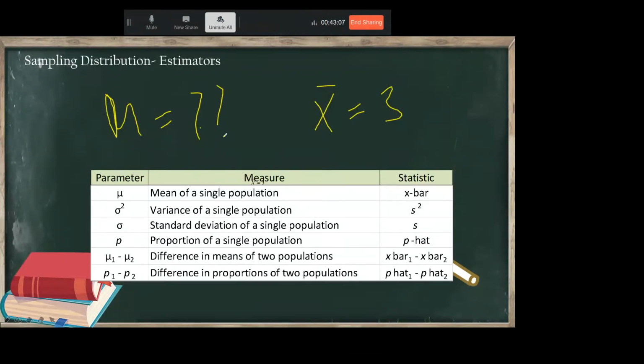Let's say total female students in Chuanzhou campus are 2,000, just assuming that, I'm not sure how many there are. We are interested in the heights of the students.